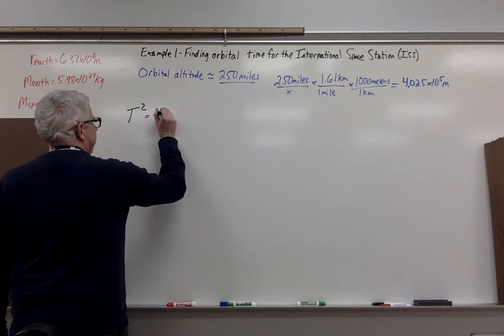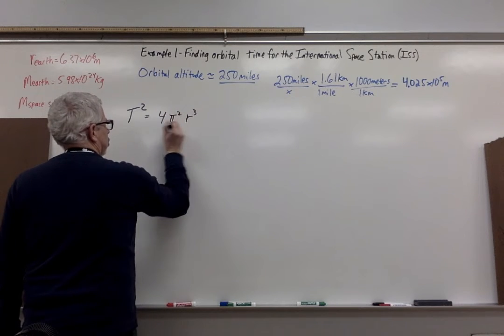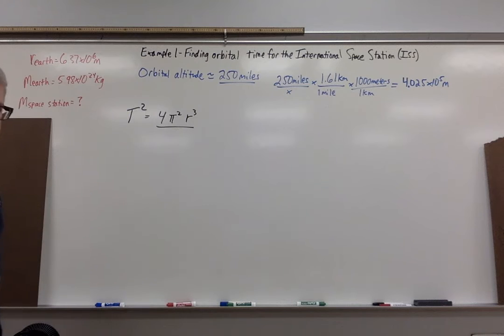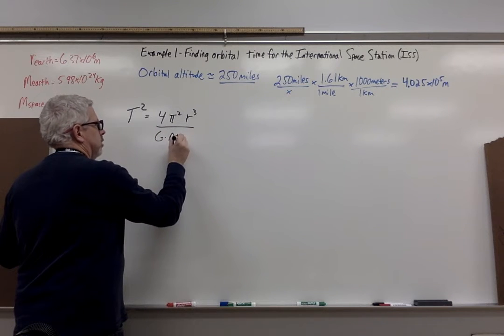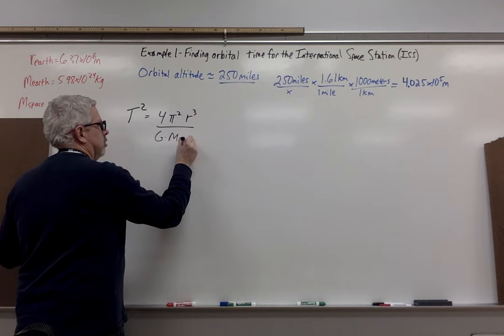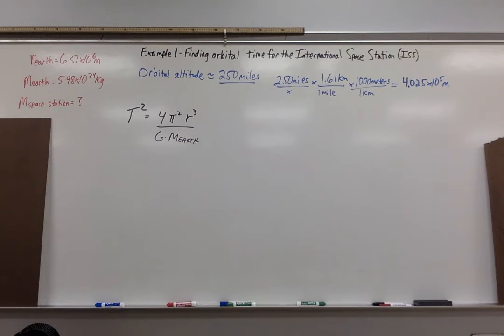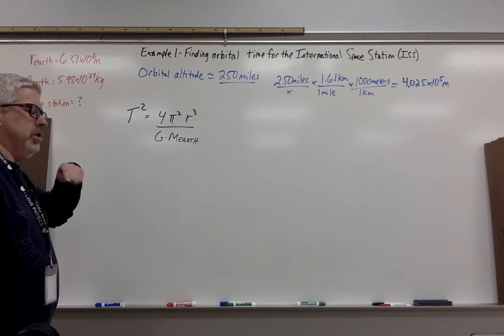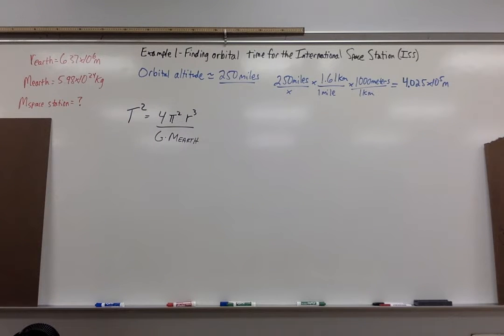So I'm going to have 4 pi squared r cubed, all over big G times the mass of the Earth. There's a reason why Kepler's third law is nice to know. And again, I could derive that from my understanding of orbital velocity and the general velocity of something going in a circle as being 2 pi r over T.